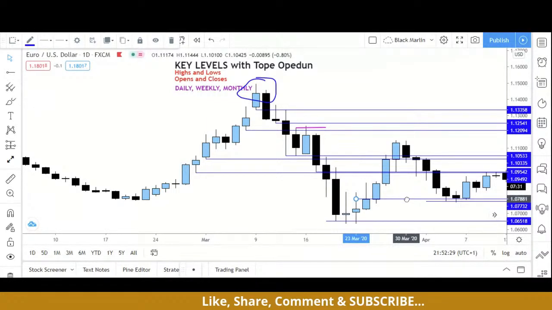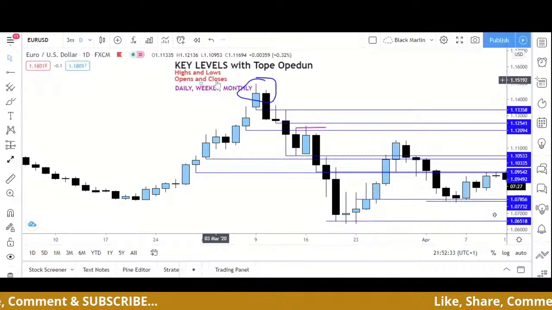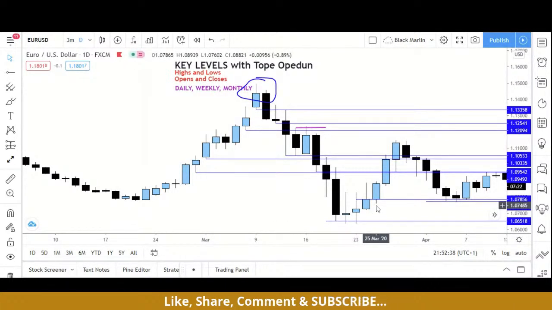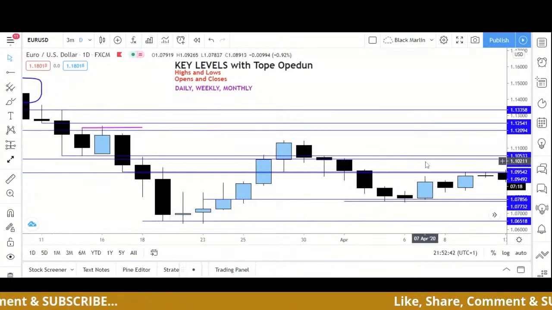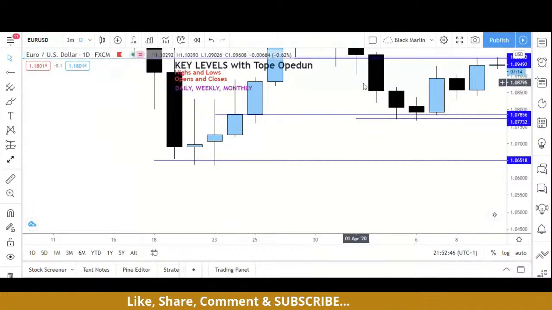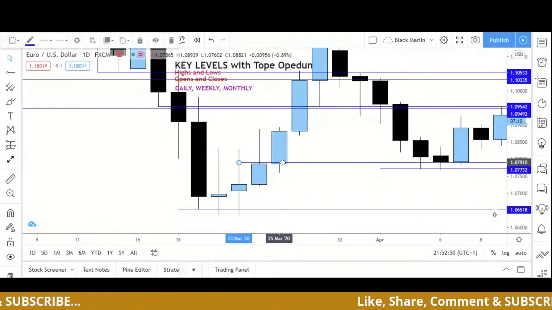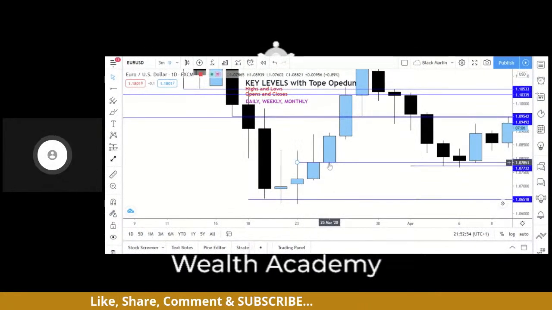Now, this is where I'll bring in the second. Remember, open close relationship. I want you to pay attention to 24th of March and the 25th of March. Let me zoom in. I wish it wasn't my MT4, I'd have seen exactly the price. But look at this.